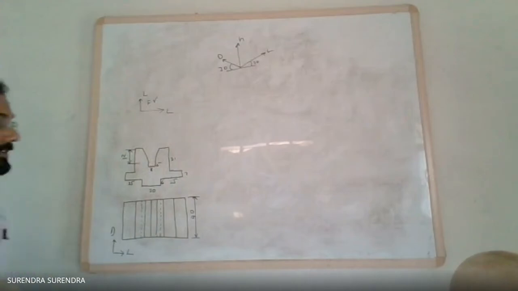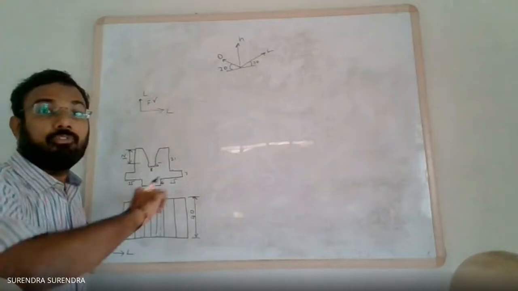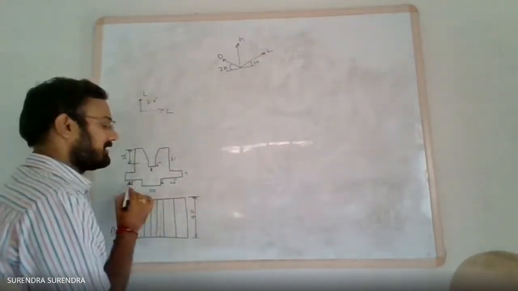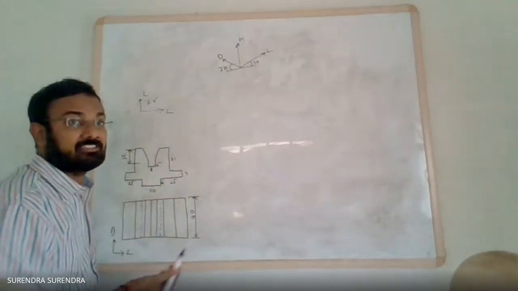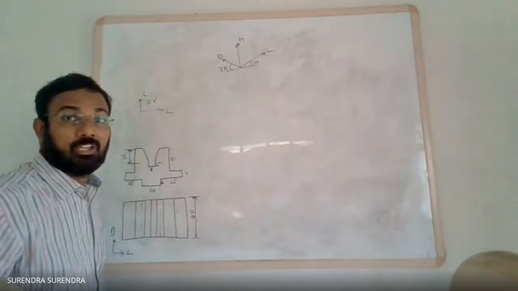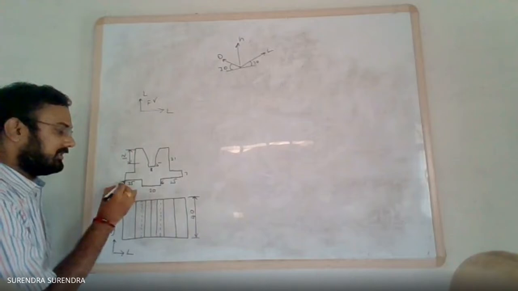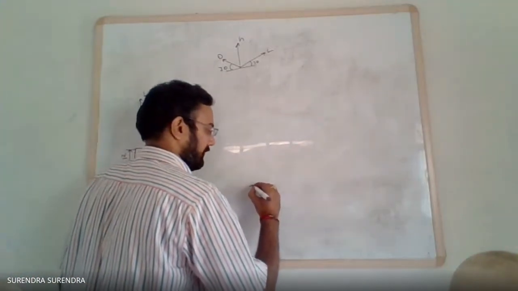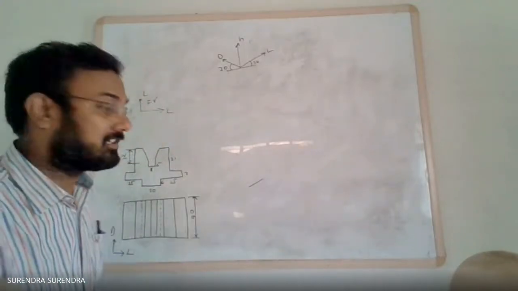For this face, all the horizontal lines we have to draw at 30 degrees inclination. These are the length axis. All the horizontal lines here are parallel to the length axis, so they are drawn along 30 degrees inclination. Let us start with this corner. First draw a line 25 mm long at 30 degrees inclination.